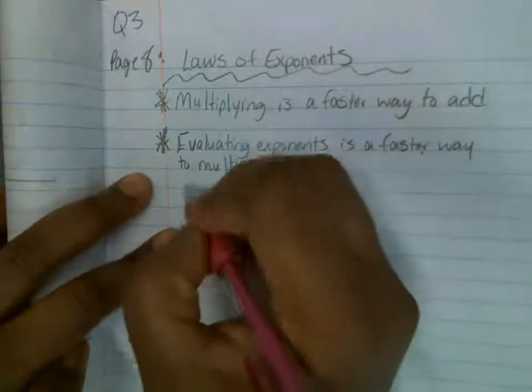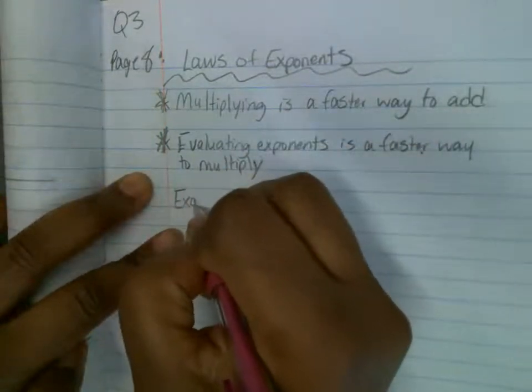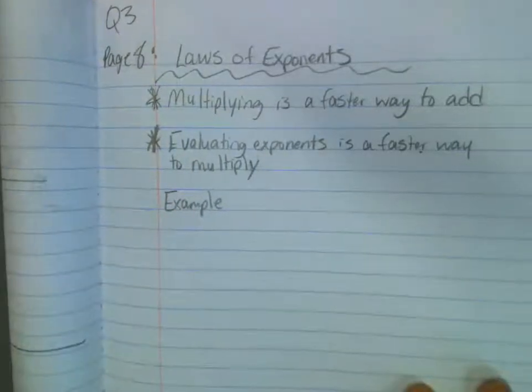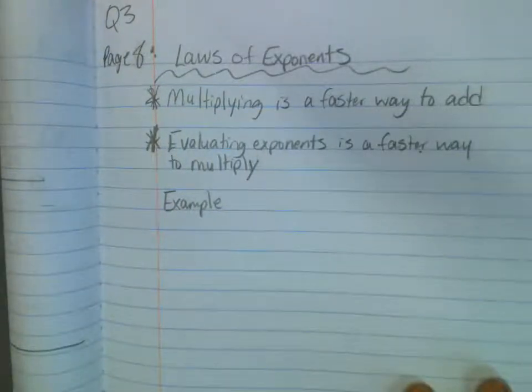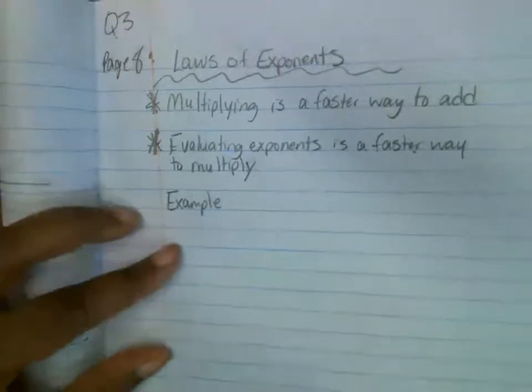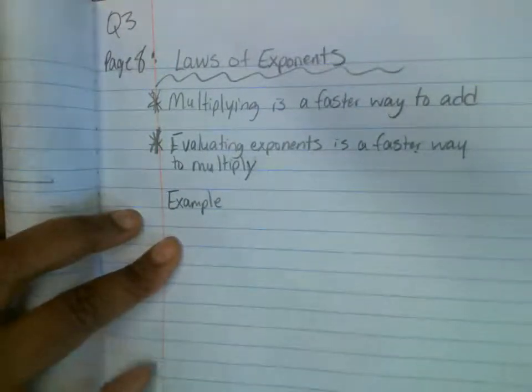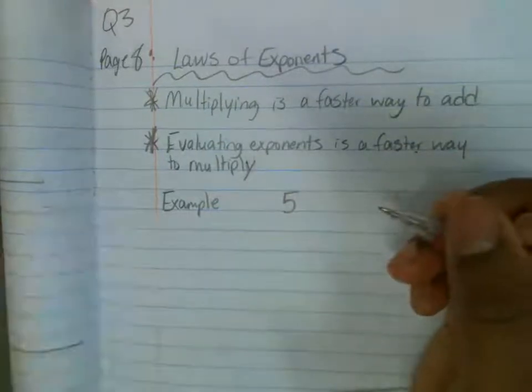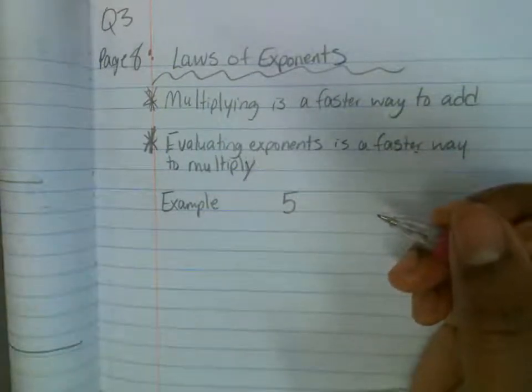All right. So an example of how to evaluate a basic exponent. We have to remember how to do the basic ones before we can do laws of exponents. We have to understand the very basic exponent and the way it's written.